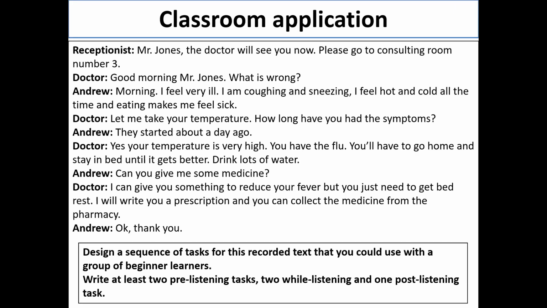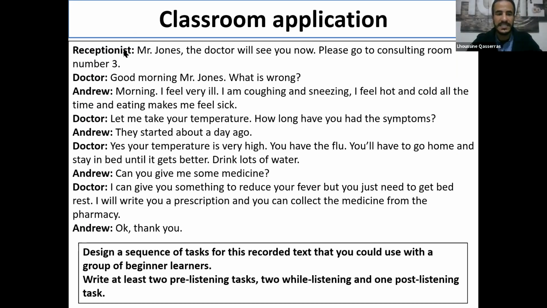Great. Now, for homework, I'm going to share with you this. This is a listening text. Receptionist, doctor, and Drew. Good. You read the listening text, and your job is to design a sequence of tasks for this recorded text that you use with a group of beginner learners.